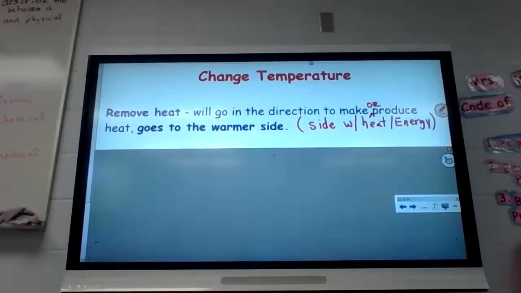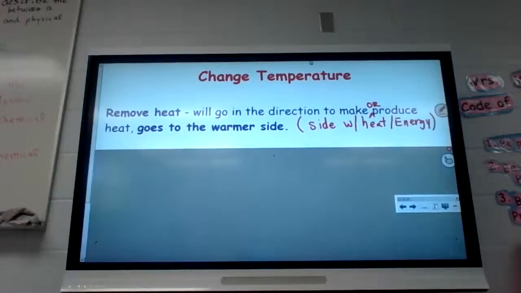Okay? So for those of you who just want the rule and don't want the reason, if you remove heat, you have to go to the side that is warmer. You have to go to the side that has the heat or the energy on it. Whatever side that happens to be on.